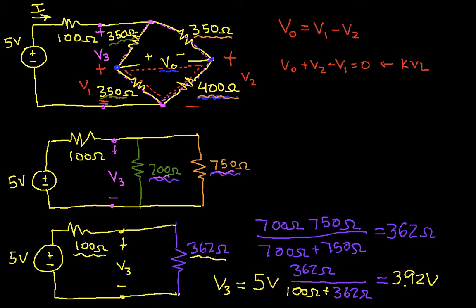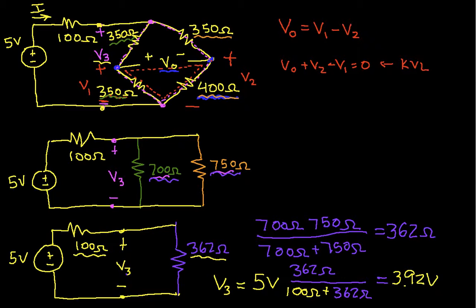Well, that's excellent. If I go back up to my original circuit, I now have V3. From that, I can compute V1 and V2 using voltage dividers. I know the voltage from here to here is 3.92 volts.